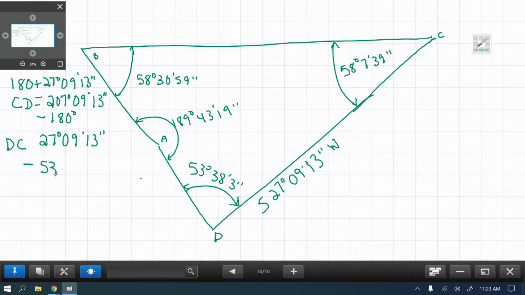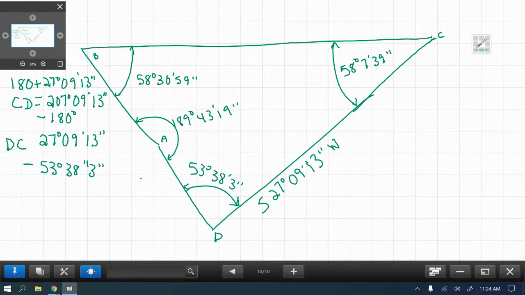189 minus 53, is that what you're asking? Nope. The 27 degrees, 09 minutes, 13 seconds. Plus 360. So I can't, because that would give me a negative number. So remember when we did your traverse around the building and we did that example in the book? If you can't subtract it, you got to add 360 to it. And some of y'all had it. You did get it.